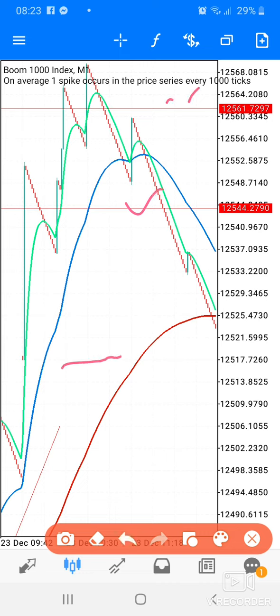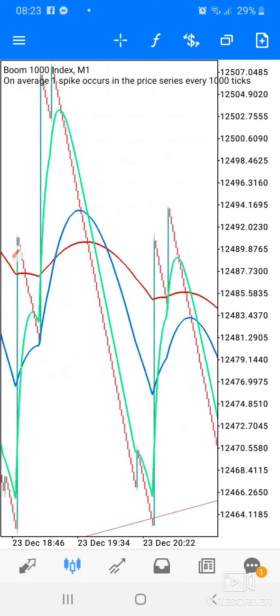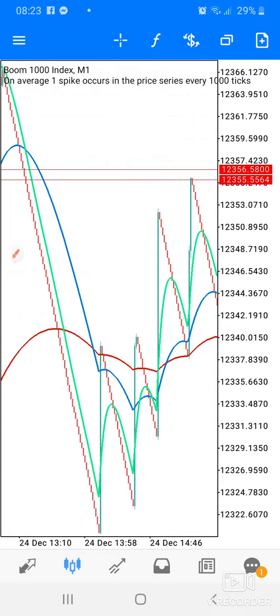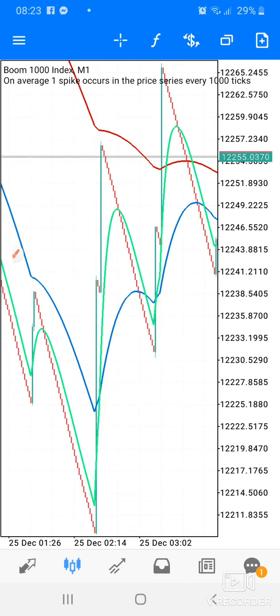I know that the market was going up, so I know that in this area probably the market is going to reverse down. So this can also guide you. In Boom and Crash, no matter what strategy you may come up with, as long as that strategy doesn't encompass support and resistance, chances of getting spikes are very low. Spikes normally happen in areas where there are support and resistance.